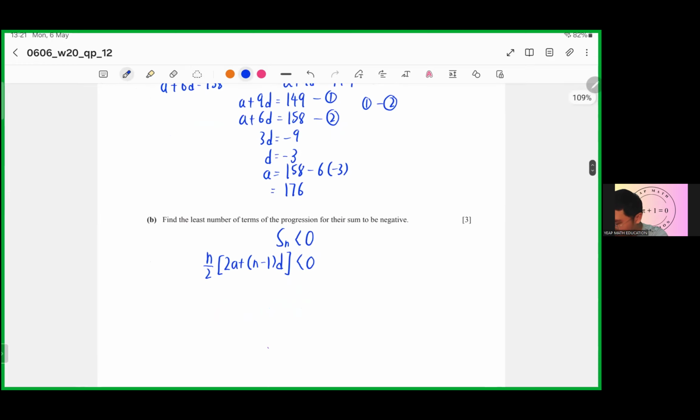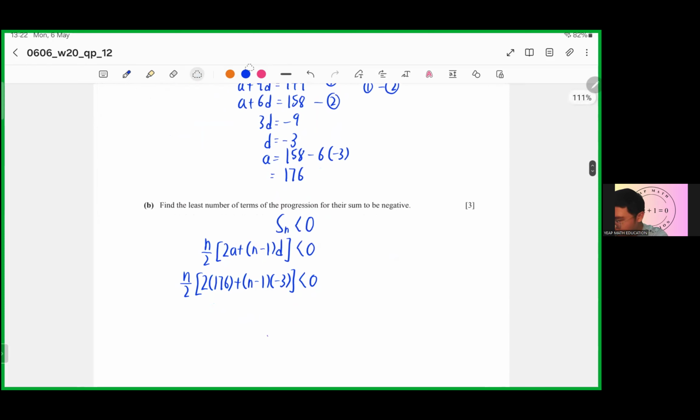Now you can put in the values: 176 plus n minus 1, d is negative 3, less than 0.